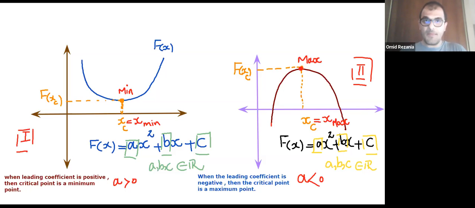You work one part of it right now, and also you do it as a homework. The homework is going to be just this one. I'm going to give you a quadratic function, f of x.